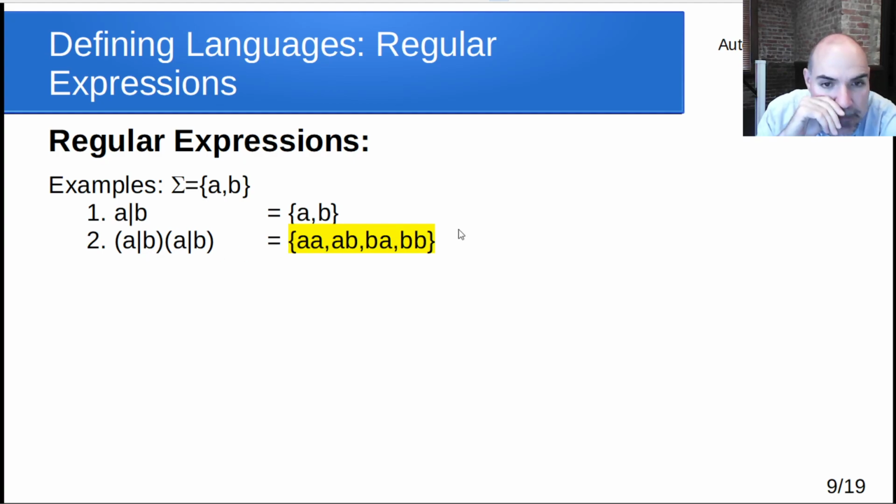We end up with 4 possibilities that come out of that. Now, notice the use of parentheses here though, and the reason we did that is because that forced the union to happen before we did the concatenation.